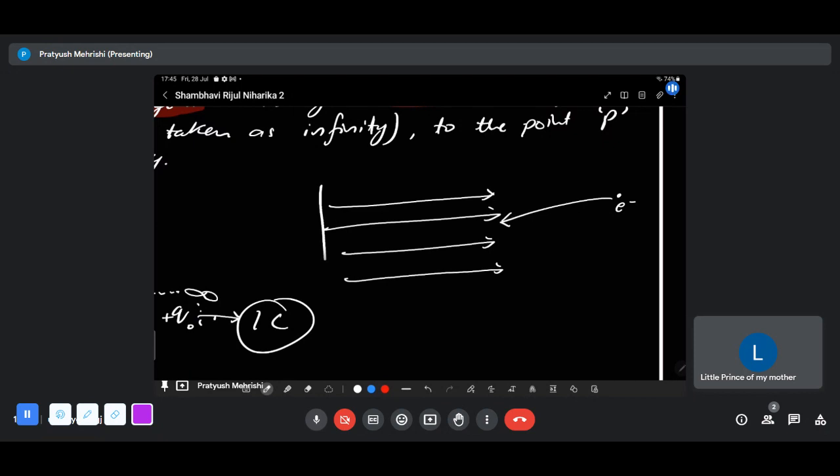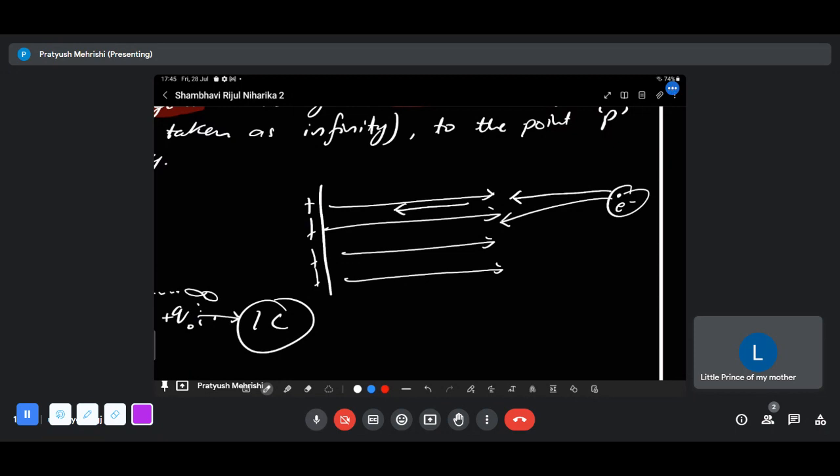Because the electric field originates from positive towards negative, and if it is a negative charge, the electric field will attract it. It means the force on a negative charge is opposite to the direction of the electric field. The charge will automatically go on this side. You need not bring the charge; the charge will bring you.